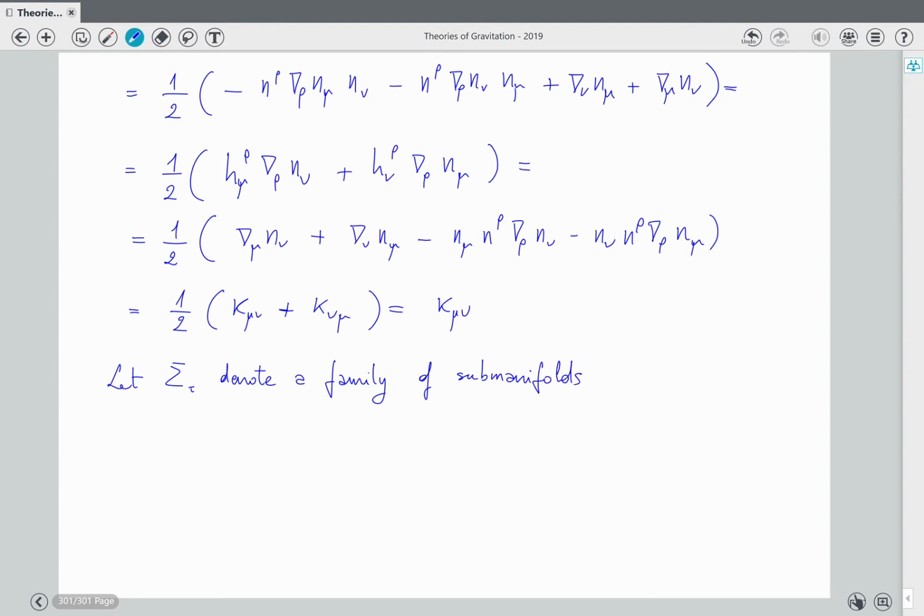So from one submanifold now we are considering a family parameterized by some time, you can call it time tau.